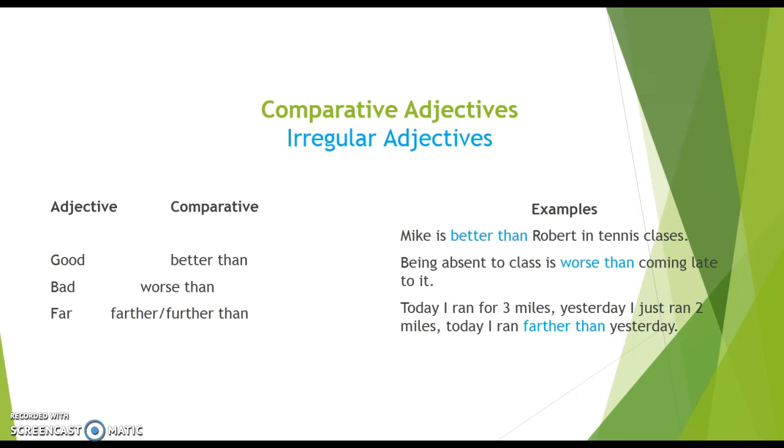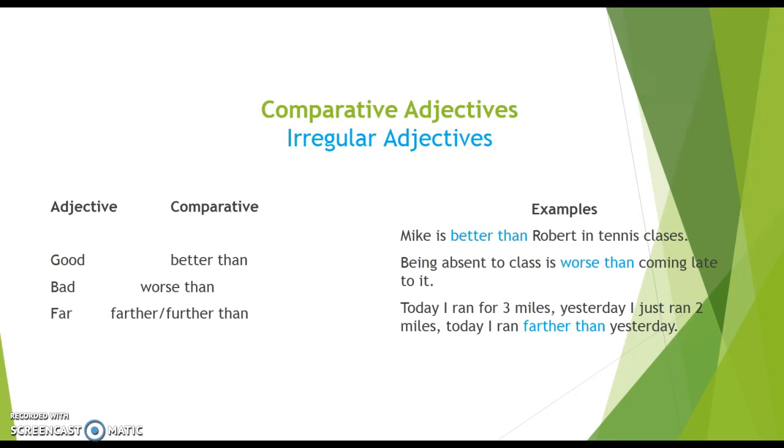Remember, you are not going to say gooder than or better than, things like that. No, no, no. For good, you say better than. For bad, you say worse than. For far, you can say farther than or further than. Farther than in case you talk about distance, or further than in case you talk about knowledge or deeper knowledge.